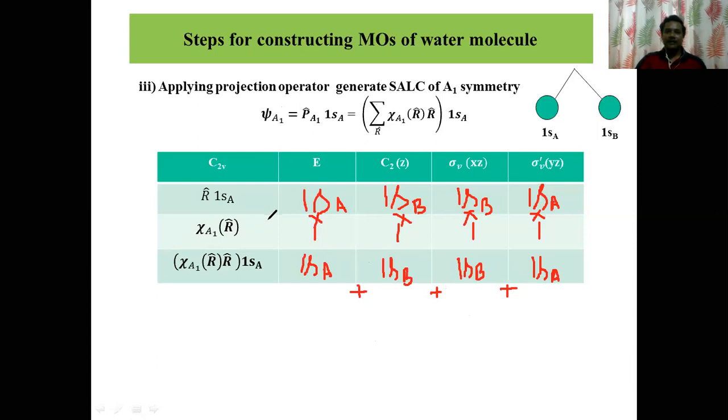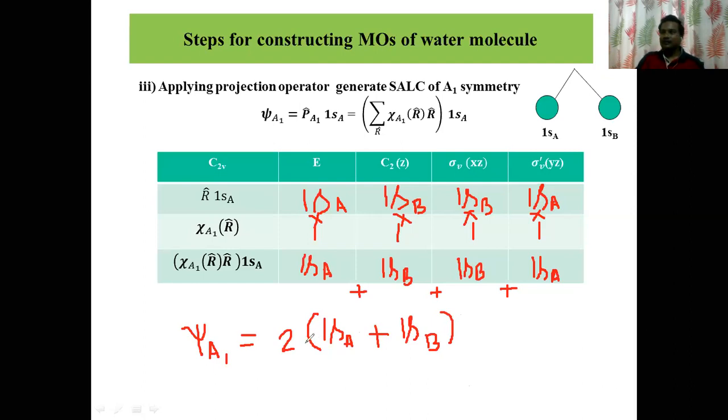I get the SALC of A1 type, that is psi 1A, which is equal to 2 times 1s A plus 1s B, right? Now you have to realize that this is not normalized.